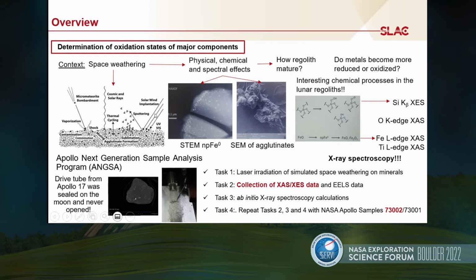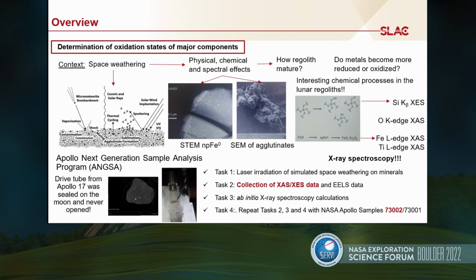Here I have a couple of pictures from some preliminary results from other works. Some investigators have reported the presence of iron nanoparticles on the regoliths, but also we have information about the presence of agglutinates on the regoliths.